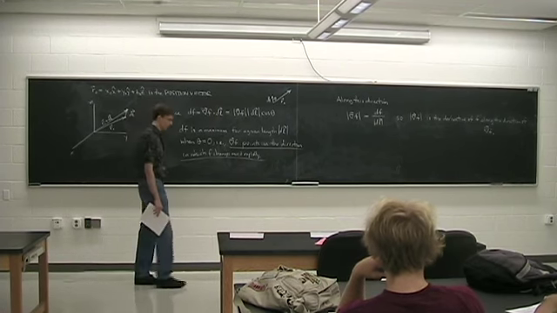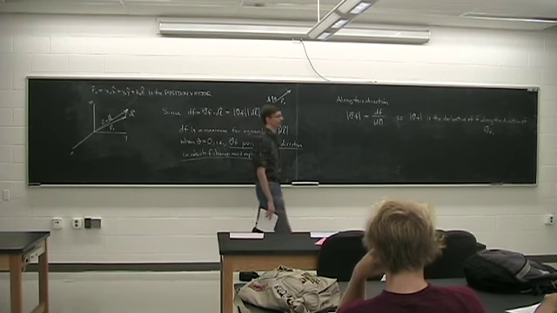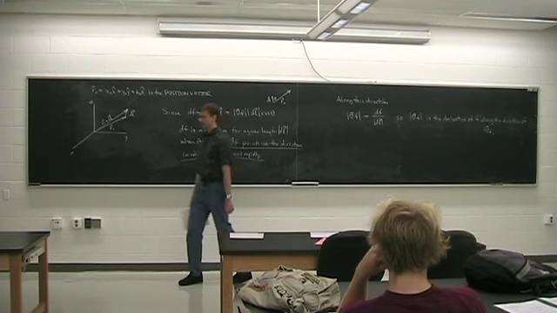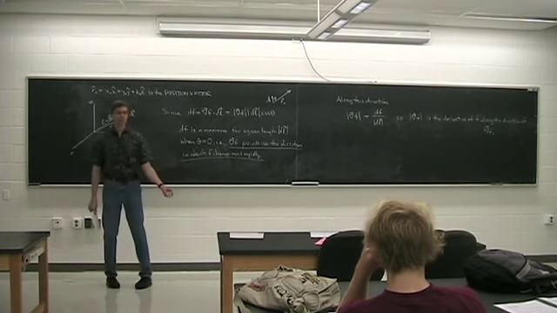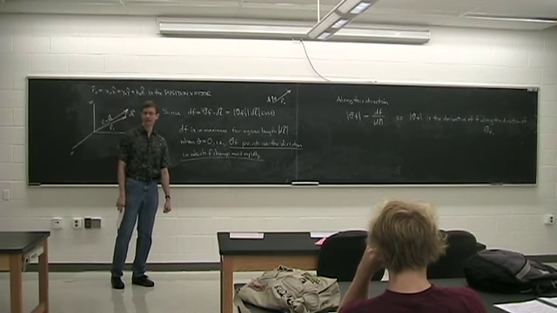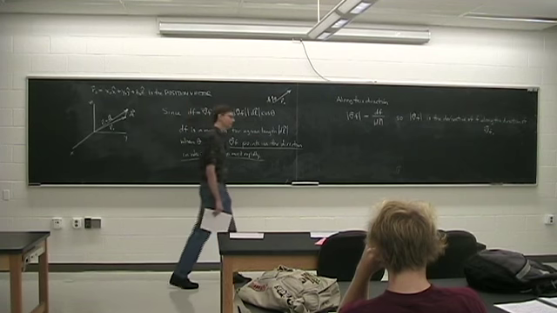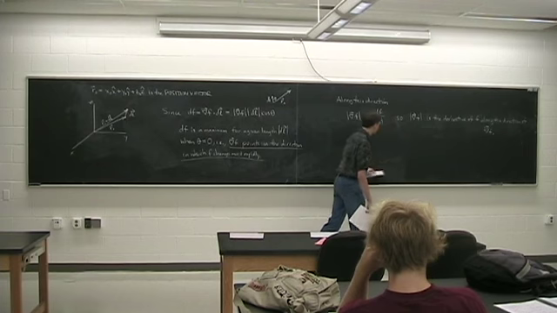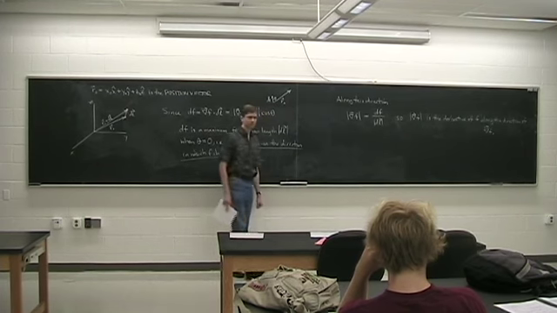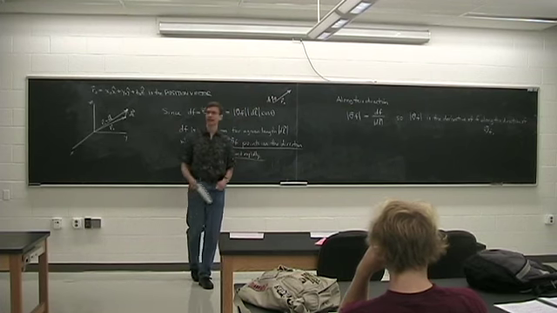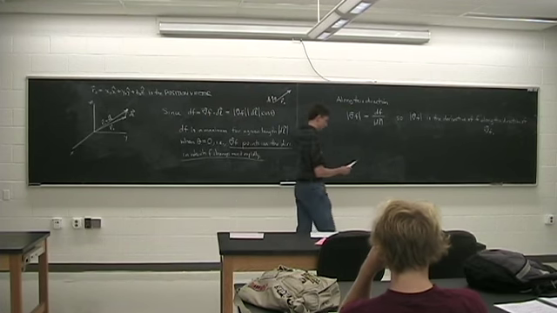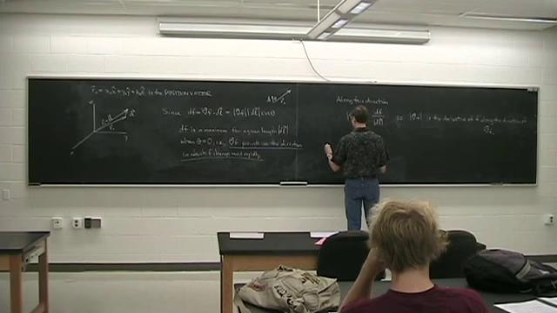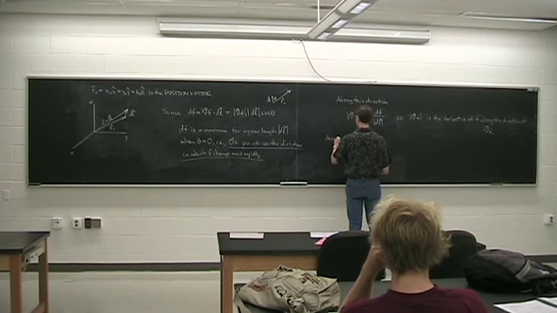So the gradient vector contains both bits of information. It points in the direction f is changing most rapidly, so its direction tells you that, and its magnitude tells you just how rapidly f is changing in the direction in which it is changing most rapidly. So the greater the magnitude of the gradient, the faster f is in fact changing in the maximum rate of change direction.